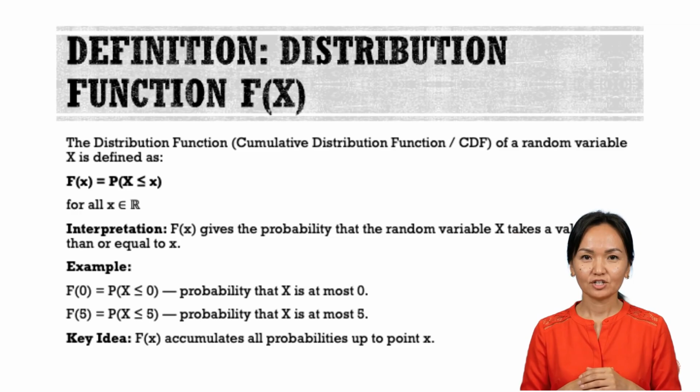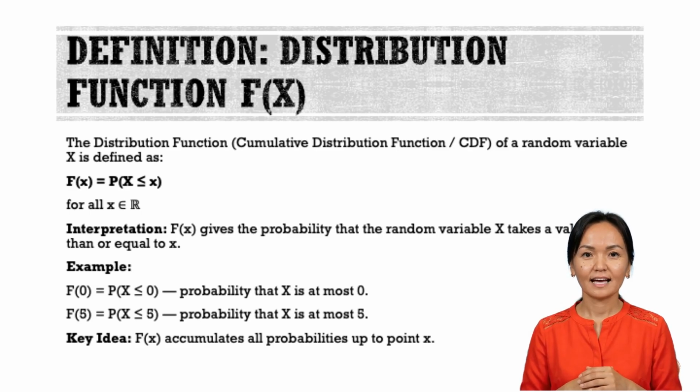The distribution function has four essential properties that characterize any valid CDF. First, boundedness. F(x) is always between 0 and 1 inclusive for all real x. Second, monotonicity. F is non-decreasing, meaning that if x1 is less than x2, then F(x1) is less than or equal to F(x2). As x increases, the probability accumulates and never decreases.